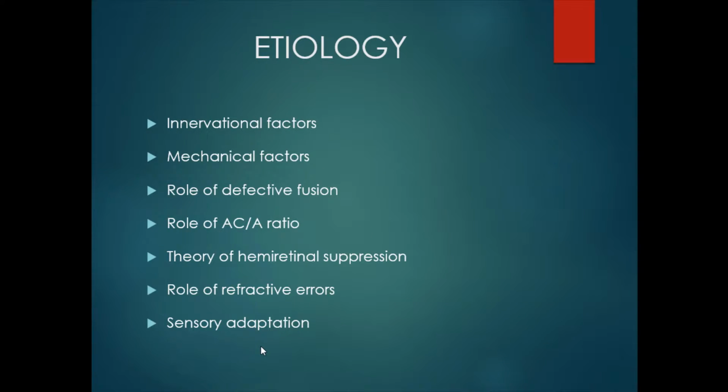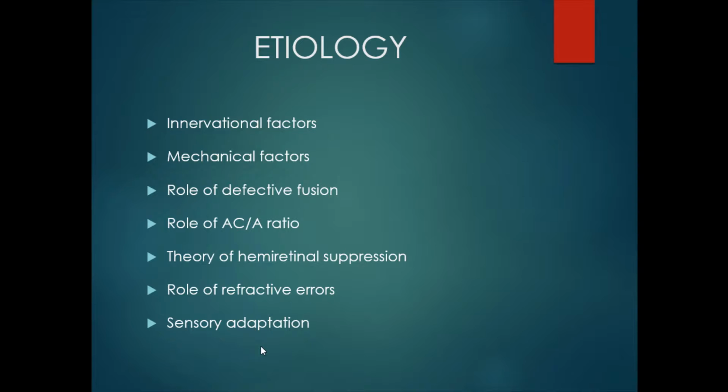So if you look at the etiology, a lot of theories have been proposed. Duane proposed the innervational theory where there is an imbalance between the accommodation and the divergence, and then Bielschowsky's mechanical factors, which talk about the size and the shape of the orbit, and also defective fusion has a role in inducing intermittent exodeviation, the role of the accommodative convergence to accommodation ratio, and then the theory of hemiretinal suppression, and then the role of refractive errors.